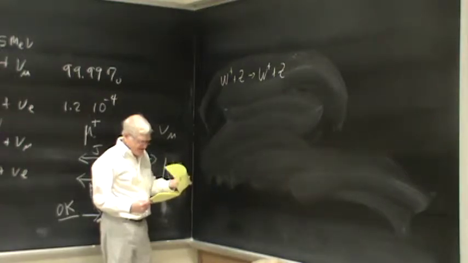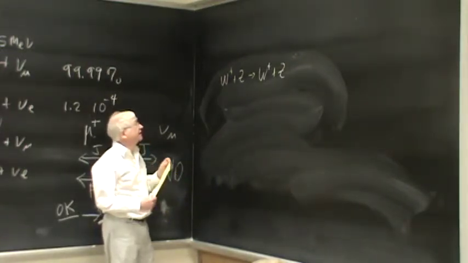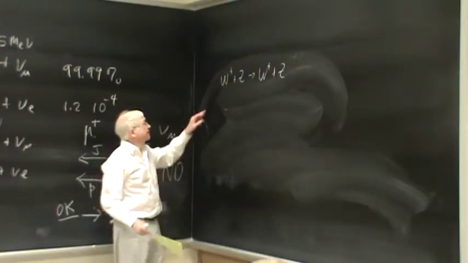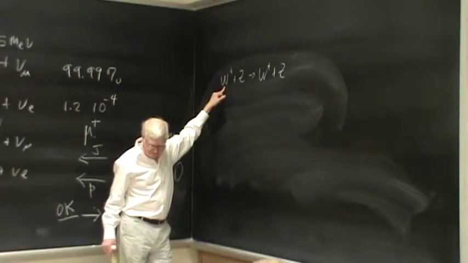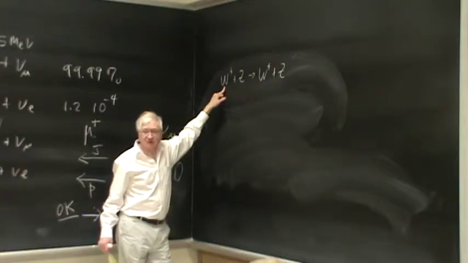Let me just say that we can think about these massive particles as being, let's consider them all mass eigenstates, then they have three possible polarizations.